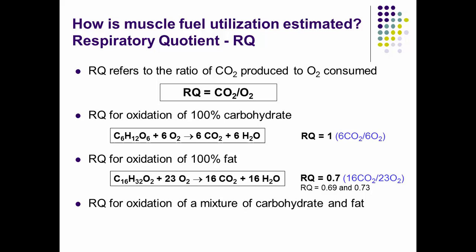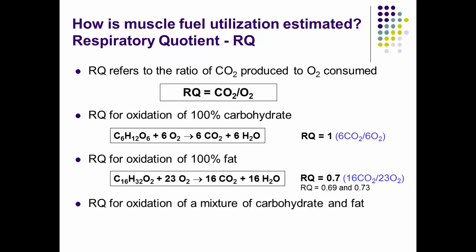Let's take the example of carbohydrate. If 100% of the energy is from carbohydrate, so 100% of carbohydrate is oxidized, how much will the RQ be? This is the equation for glucose oxidation. Glucose oxidation requires 6 molecules of oxygen and produces 6 molecules of CO2 and 6 molecules of water.